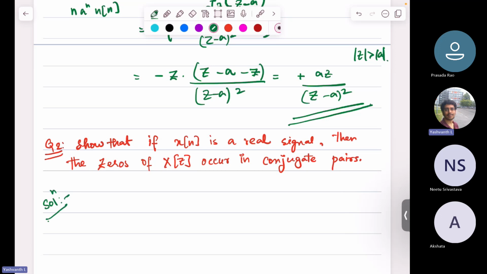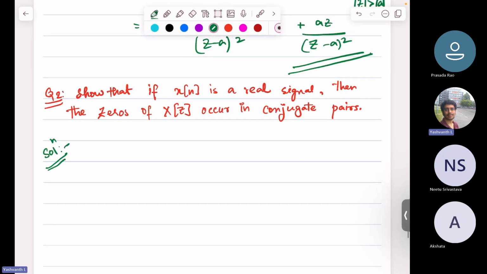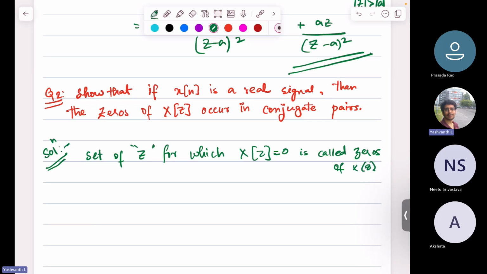What do we mean by zeros of a z transform x of z? The set of z for which x of z equals 0 is basically called the zeros of x of z. Now what this question says is, suppose z is a zero of x of z.